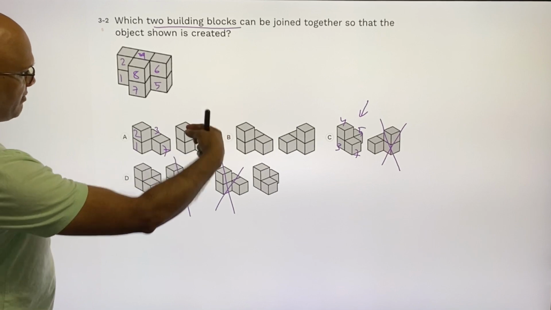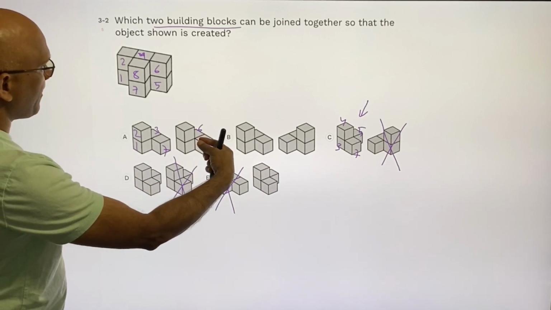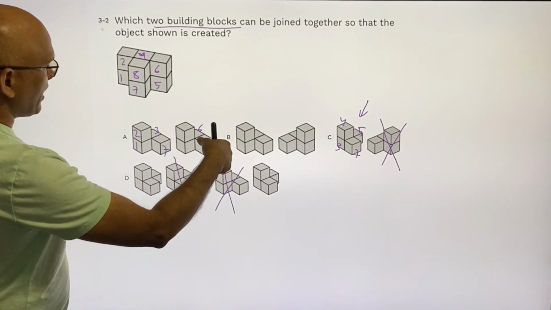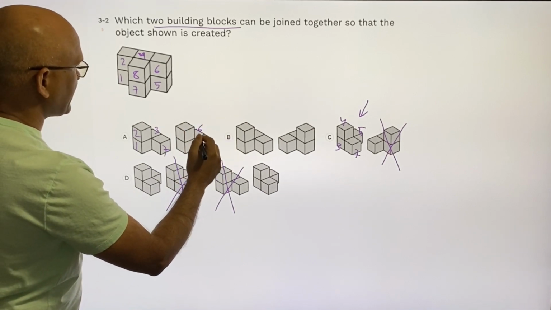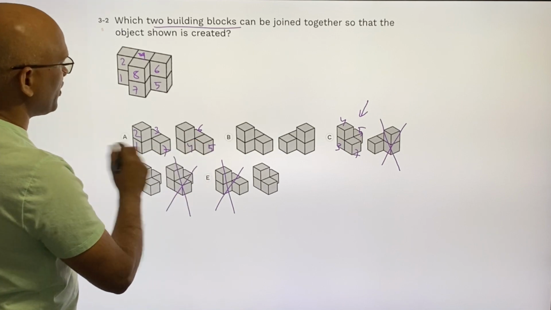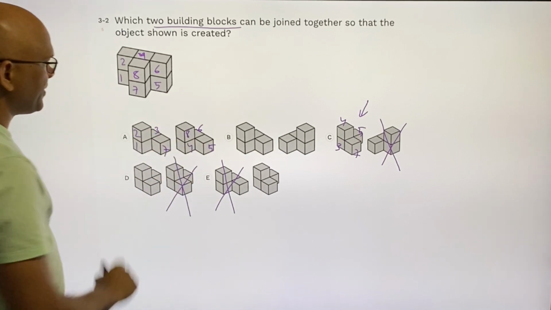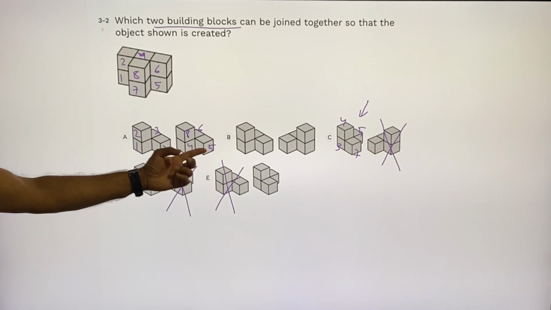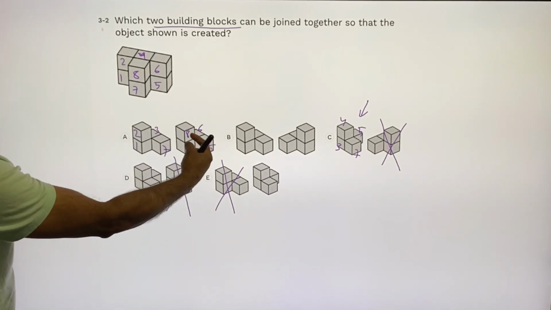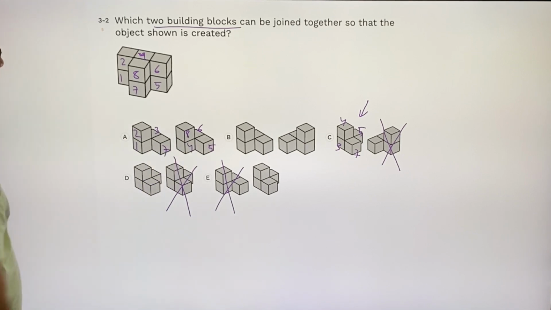If I tilt it like this, 5 and 6, so 6 is touching 4, so this can be 4, and this can be 8, right? So it seems like this is a possible choice. 5, 6, if I tilt it like this, 4 and 8 are going to be like this.